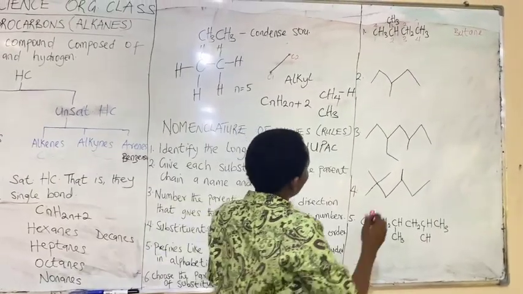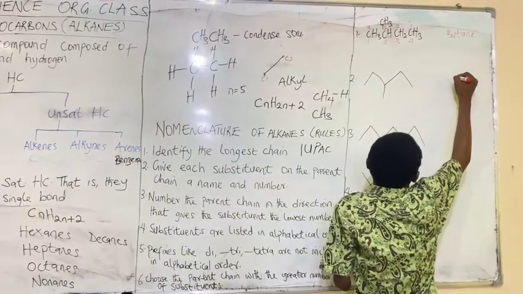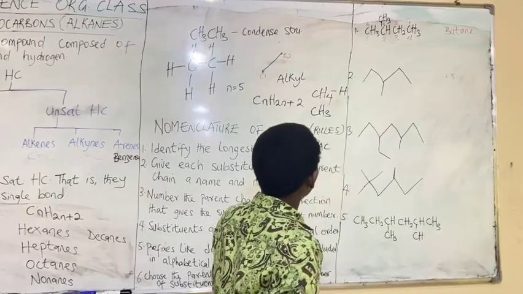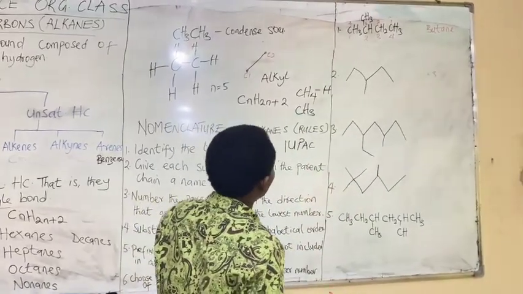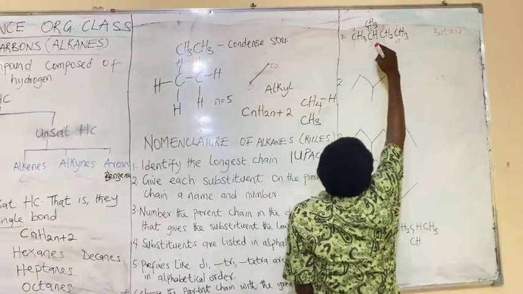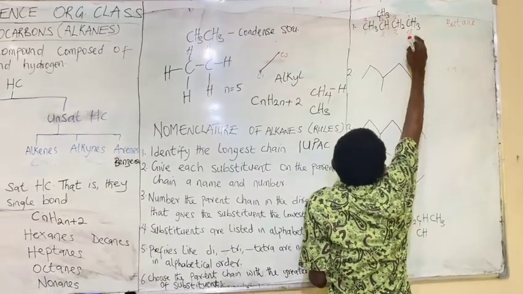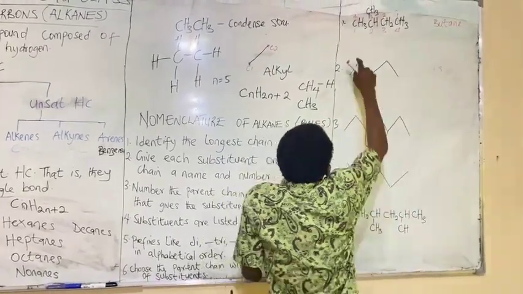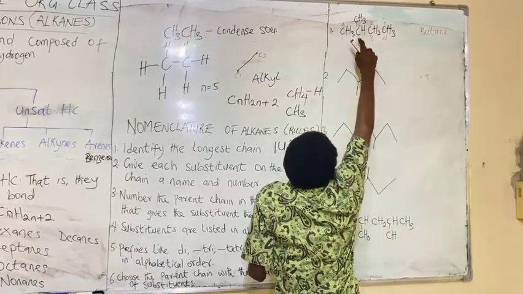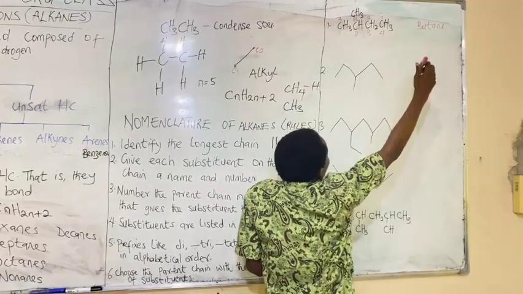How about on the left hand side? We have 1, 2, 3, and 4. If you number it this way, our methyl group will be on carbon 2.